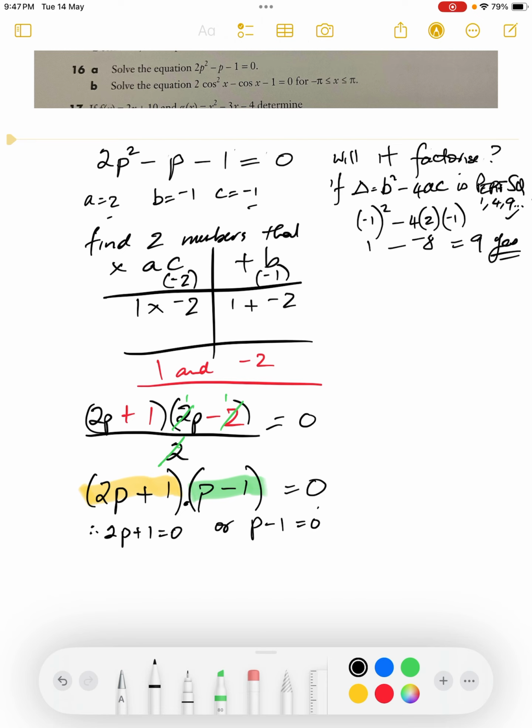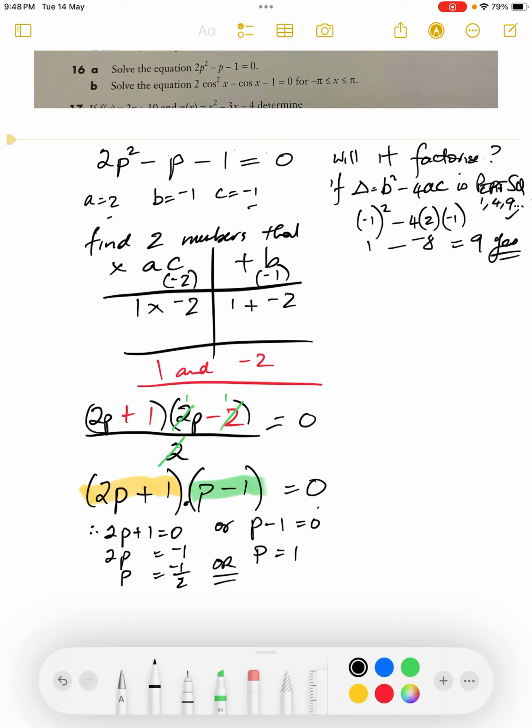So either the first factor, we'll take the plus 1 across to be negative 1. Take that times 2 across to be half. And take the minus 1 across to be 1. Right, so there's our answer for part A. Part A means p is equal to negative a half, or p could equal 1.